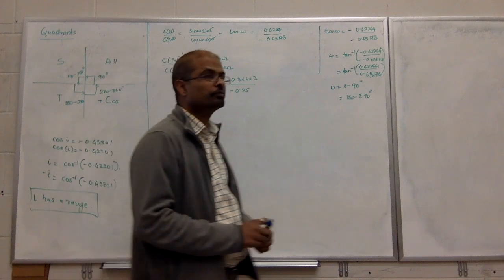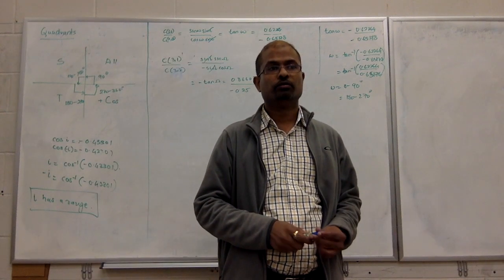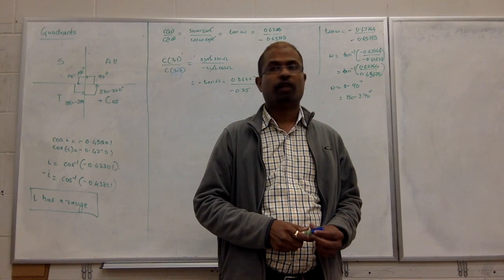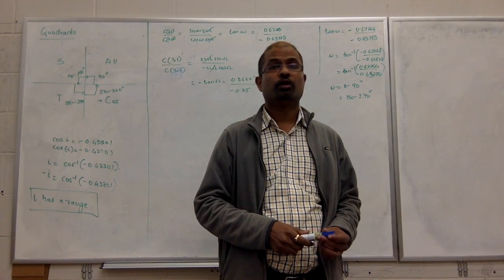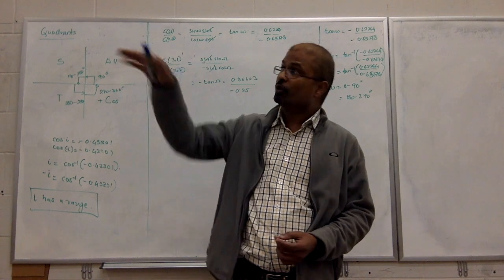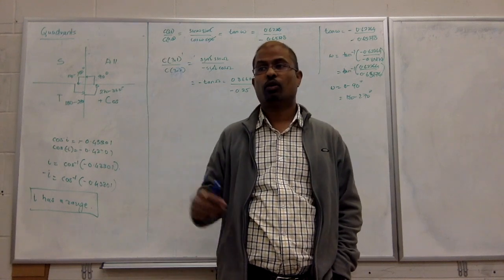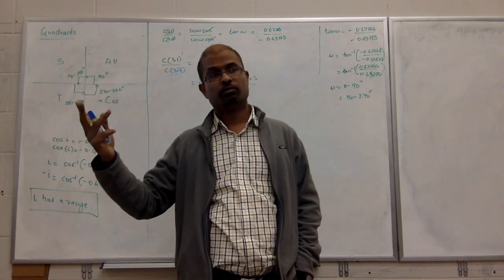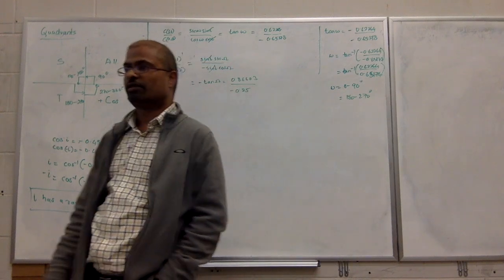The next one, your pitch roll, is 3 2 1. And the angles will be something like alpha beta gamma or gamma beta alpha. And then I'll give you the matrix accordingly. You have to figure out what to use, how to find those angles.